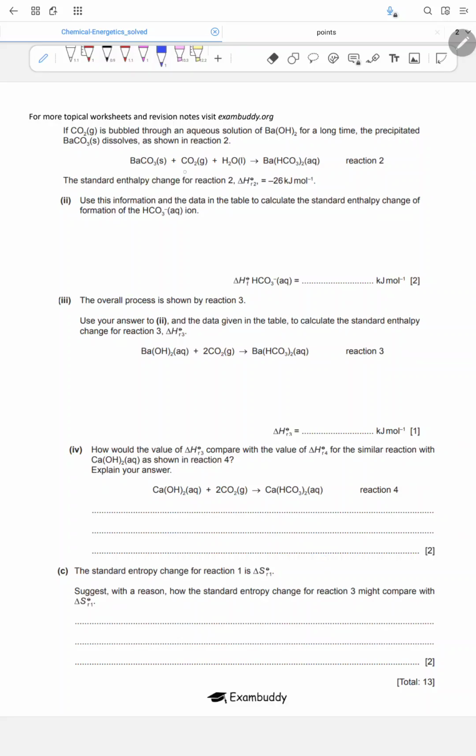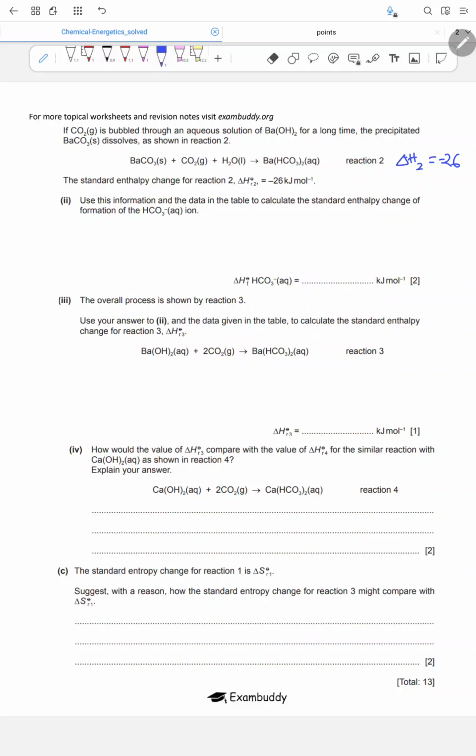So barium carbonate plus carbon dioxide plus water will form barium hydrogen carbonate, which has enthalpy change of minus 26. Use this information and the data in the table to calculate the standard enthalpy change of formation of barium hydrogen carbonate.